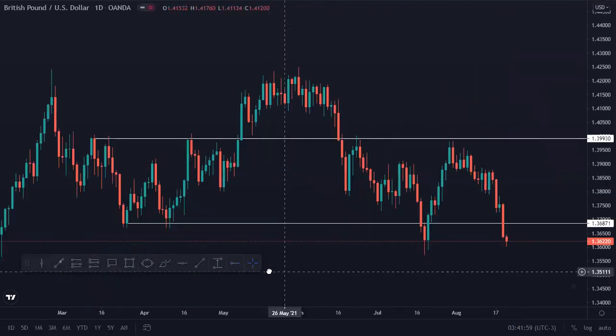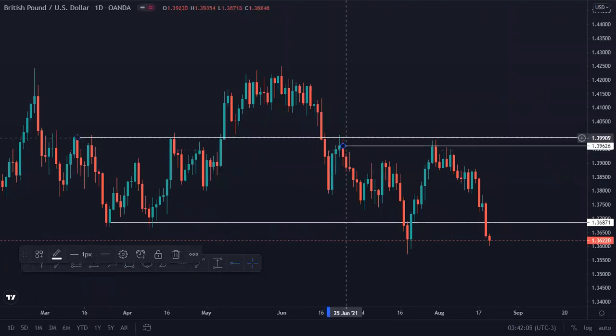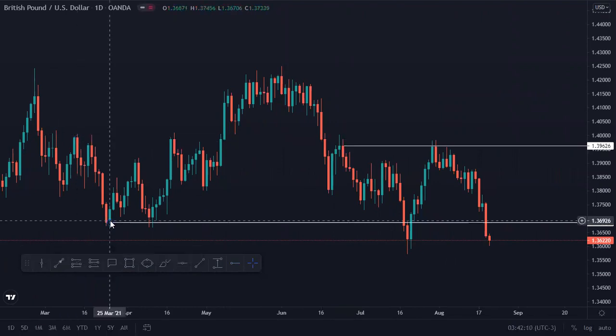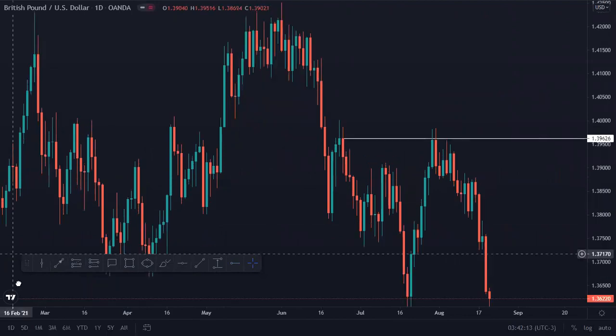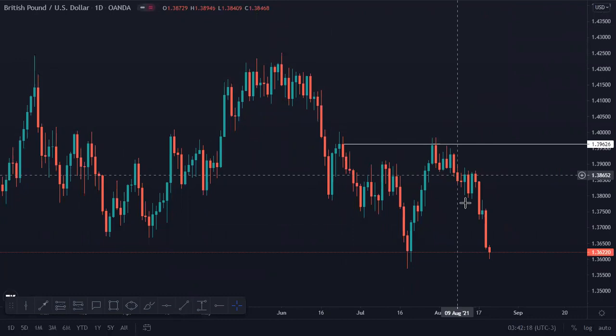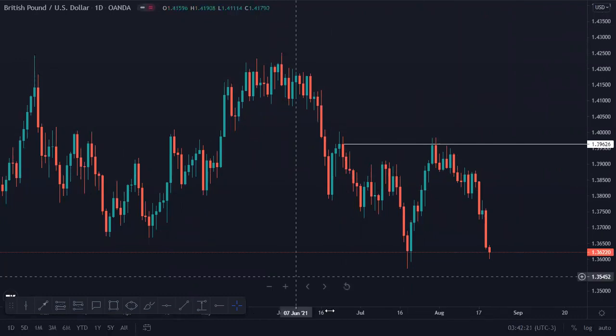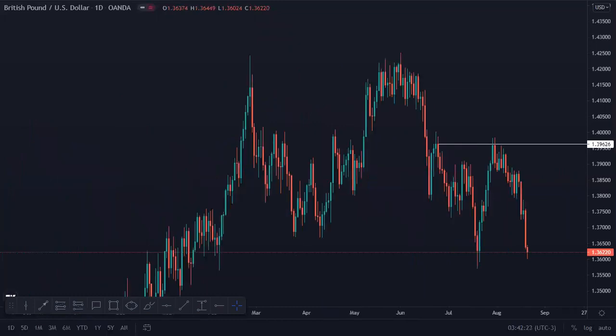And also we have another structure retest right here. And I took this entry. I don't know if you saw this entry, I posted it on Instagram. Yeah, and I'm still holding it till right now.